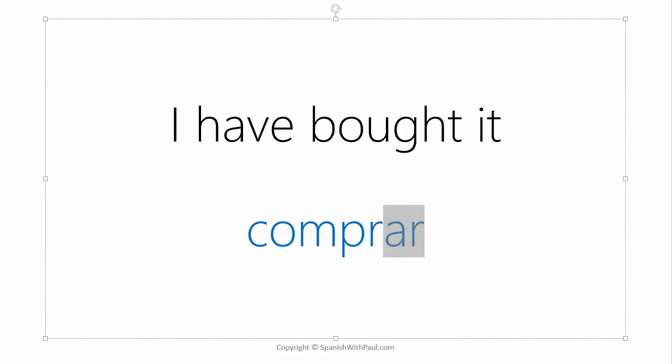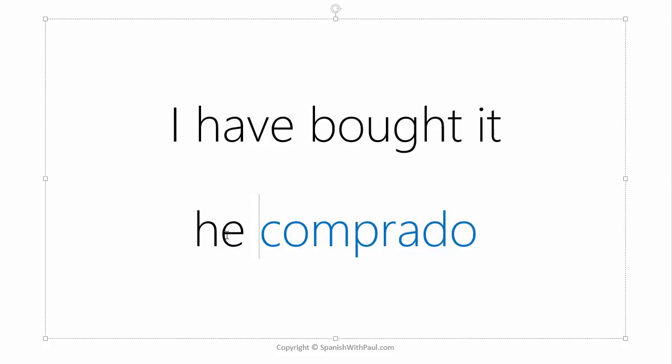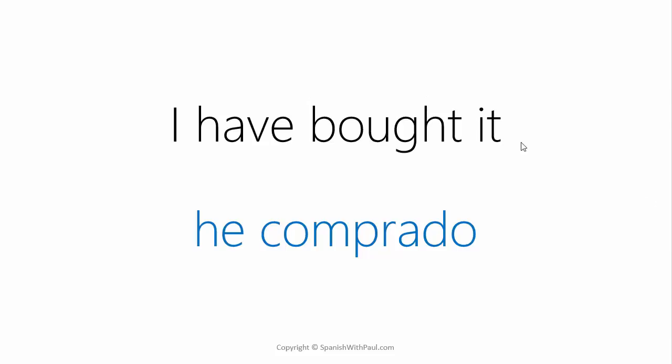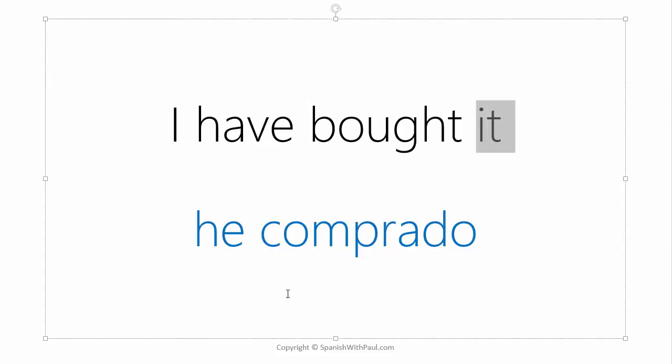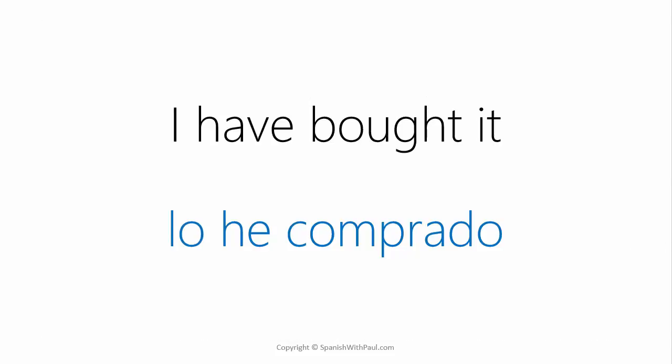So comprar would go to comprado, and this means bought in the past. And then the I have is very easy. It just becomes he. So I have bought would be he comprado. Now the it comes all the way up front, up here. So it'll be lo he comprado. Literally, it I have bought.